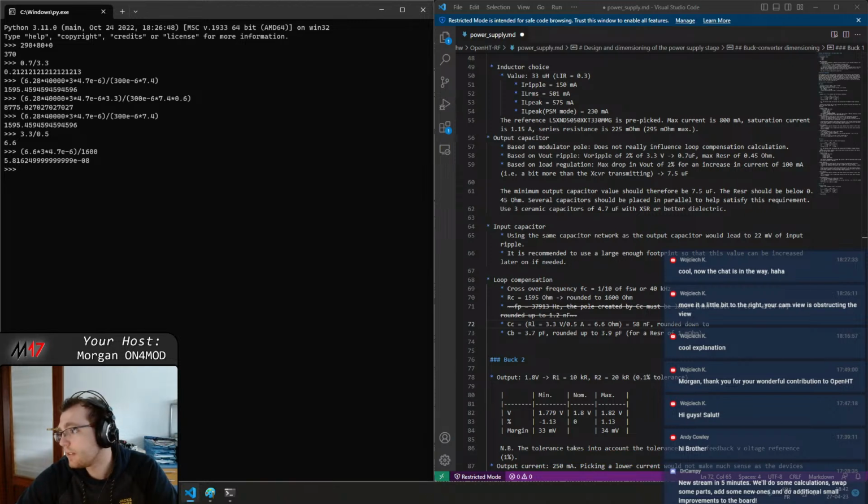Passive components, capacitor, ceramic capacitors. Okay, so we want to be about 58 nanofarad. We want that to be in stock. We want that to be 0402 Ks.